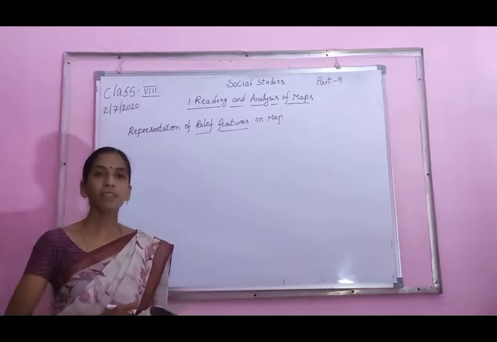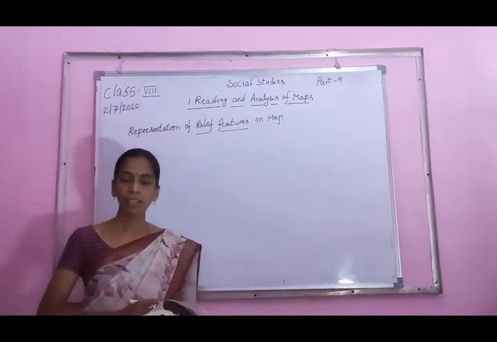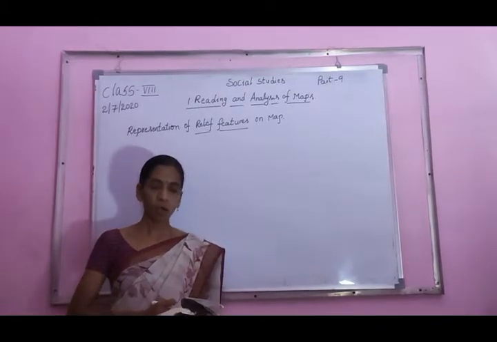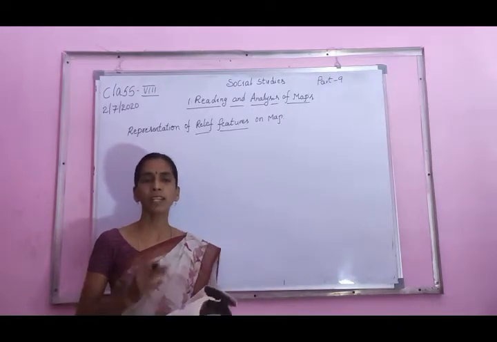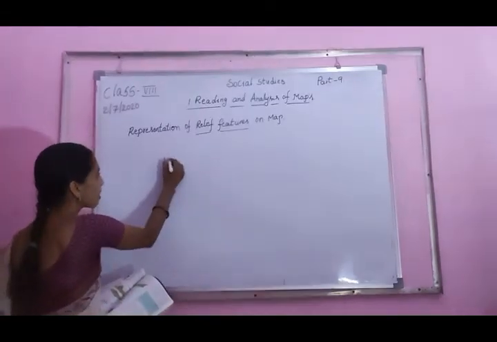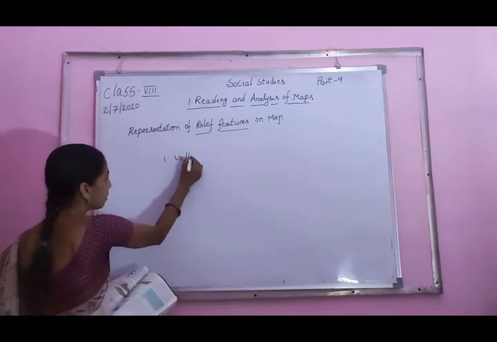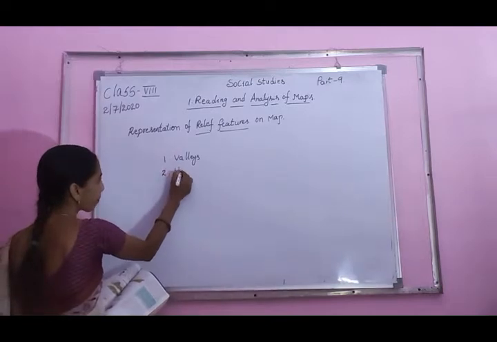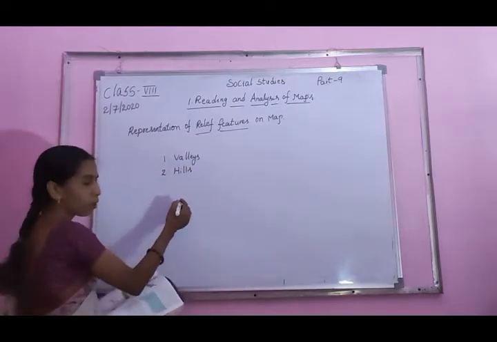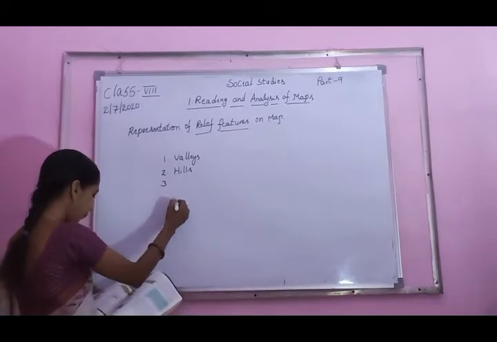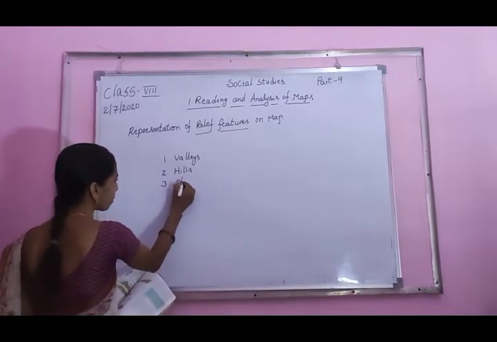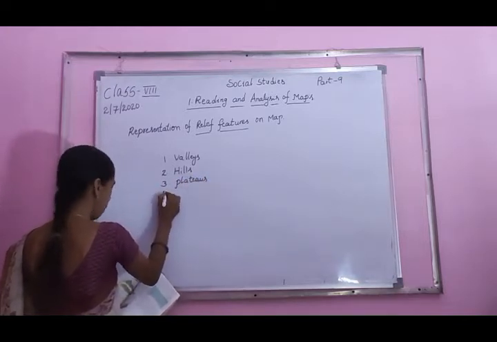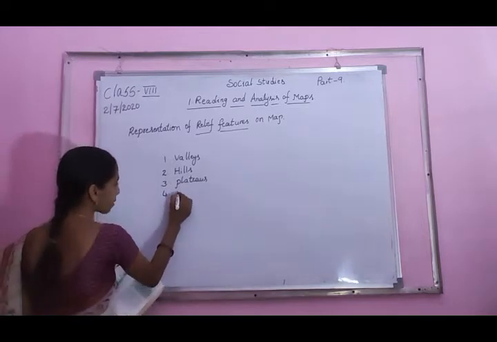The main relief features are hills, valleys, plateaus, plains, river basins, rocky and sandy places. What are the main relief features? First one is the valleys, hills, mountains. Third one is the plateaus. Plains, plain areas.